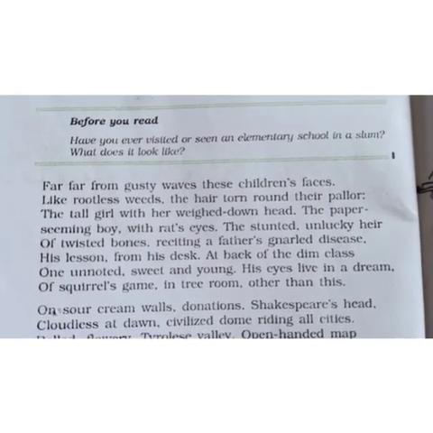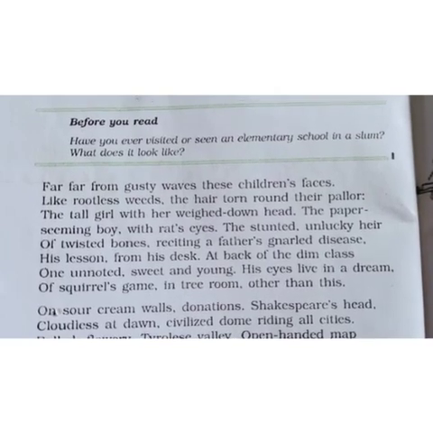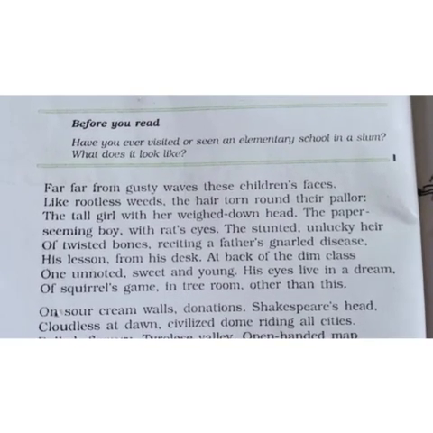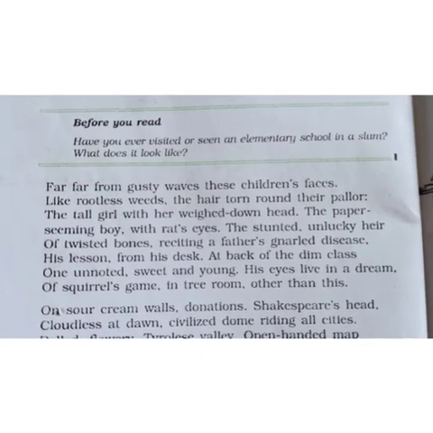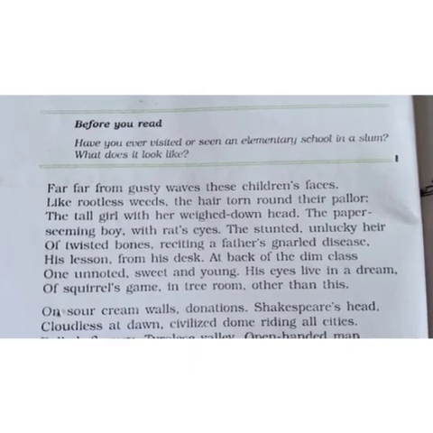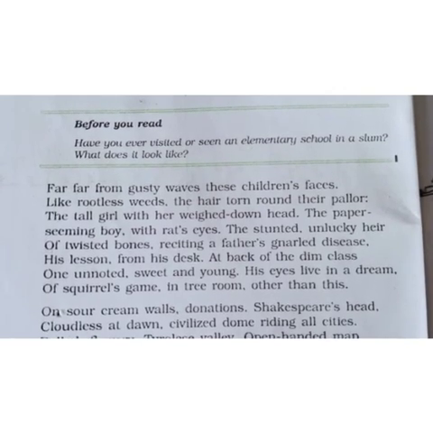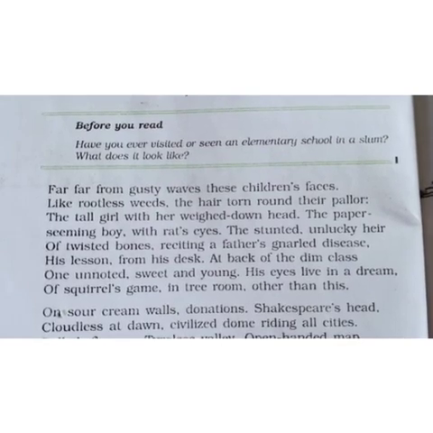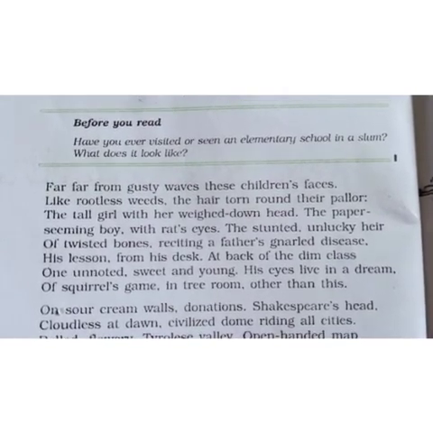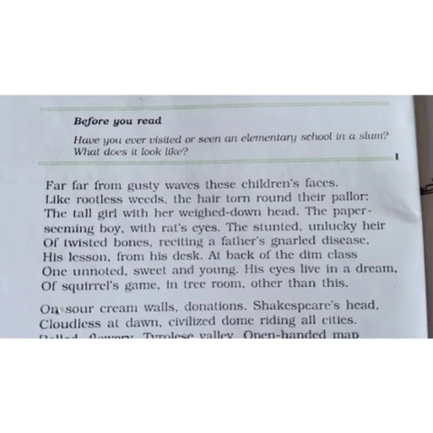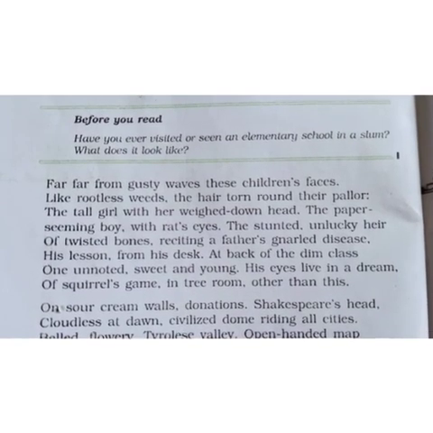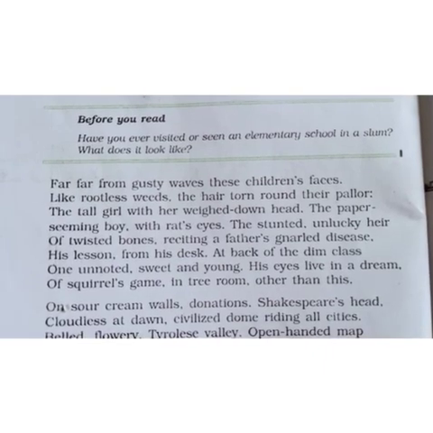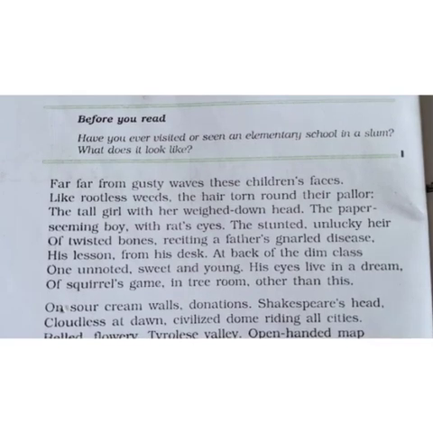At back of dim class. Now here dim class means the classroom which is not properly lighted, where one unnoted, meaning unnoticed, sweet young child is also sitting. Now he is very innocent and he is not at all bothered about whatever is happening in the classroom. His eyes live in dream, means his eyes are full of hope and dreams.